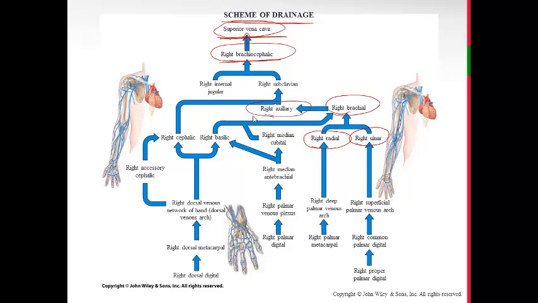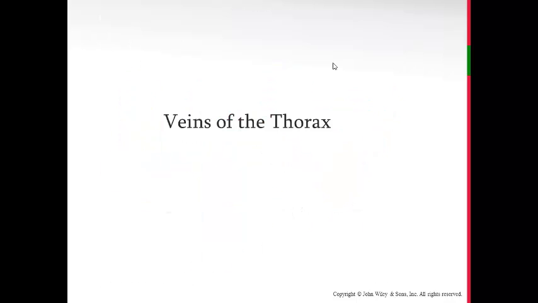That drains into the right axillary, into the right subclavian. Now, we also saw earlier the median cubital vein, which was in between the basilic and the cephalic vein. Ultimately, you have your right internal jugular together with the right subclavian. They drain into the right brachiocephalic vein. Okay, so make sure you know these when you study for them.